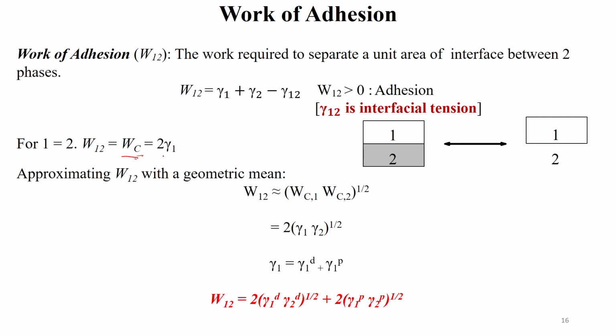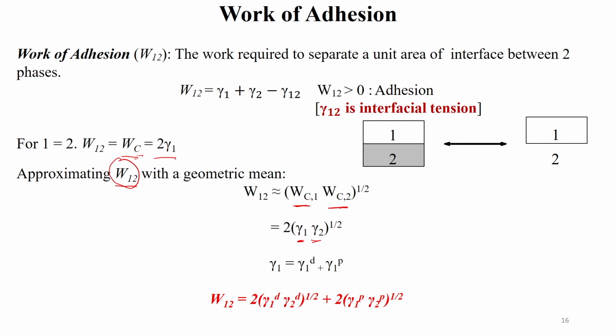W11 will be 2 times gamma 1, and this work of adhesion is approximately considered as the geometric mean of W11 into W22, and W11 we can write as gamma 1, W22 we can write as gamma 2.